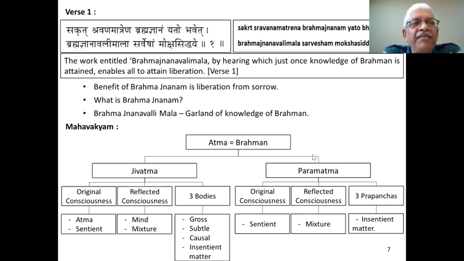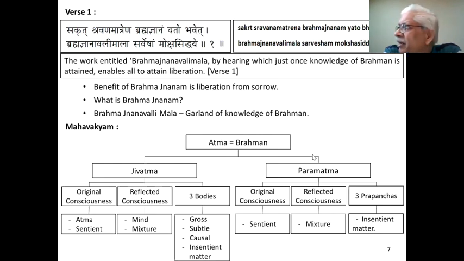What is the benefit of the study, which means phalam? The benefit of the study of the text is liberation from sorrow. And the subject matter is Brahma Jnana.